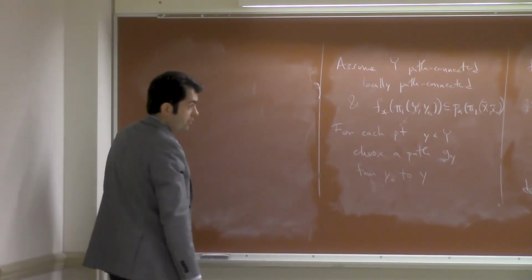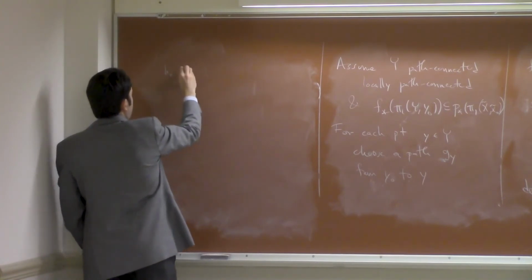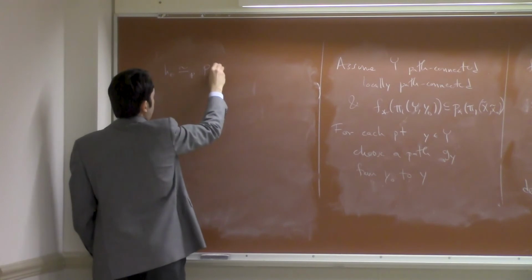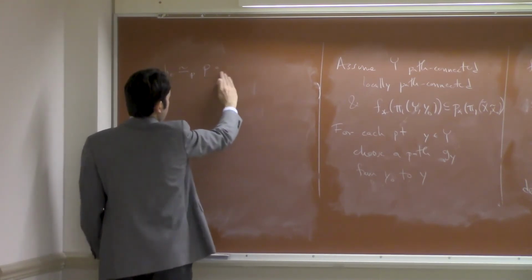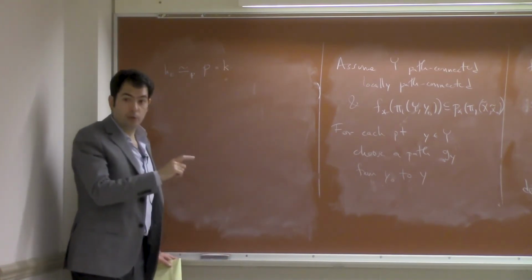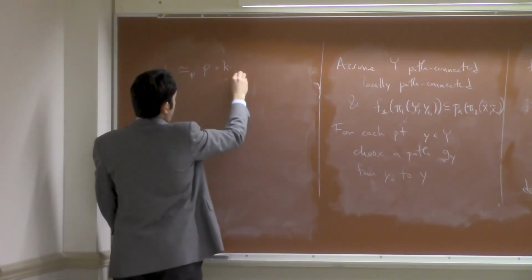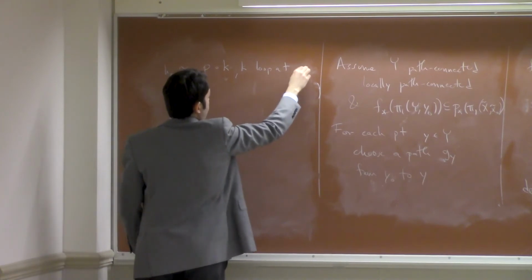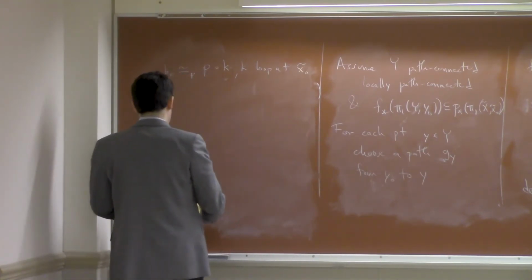So that says that h naught is path homotopic to the image of a loop upstairs along p, a loop at x naught tilde.